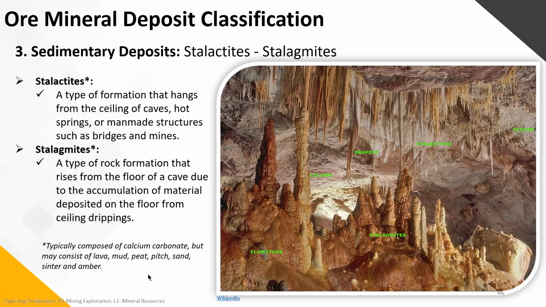And the type of rock formation that rises from the floor of a cave due to the accumulation of material deposited on the floor from the ceiling drippings is basically composed of calcium carbonate. So the evaporation drop by drop of the calcium carbonate, it also can be composed of lava, mud, peat, pitch, sand, but each drop dropping on the other is gradually forming these structures.